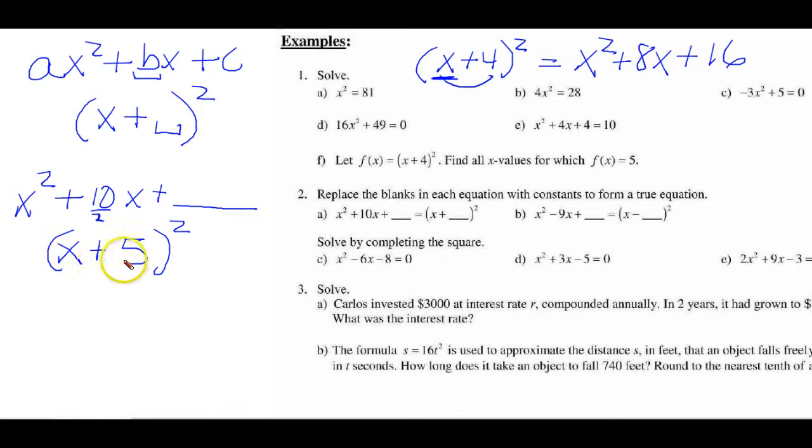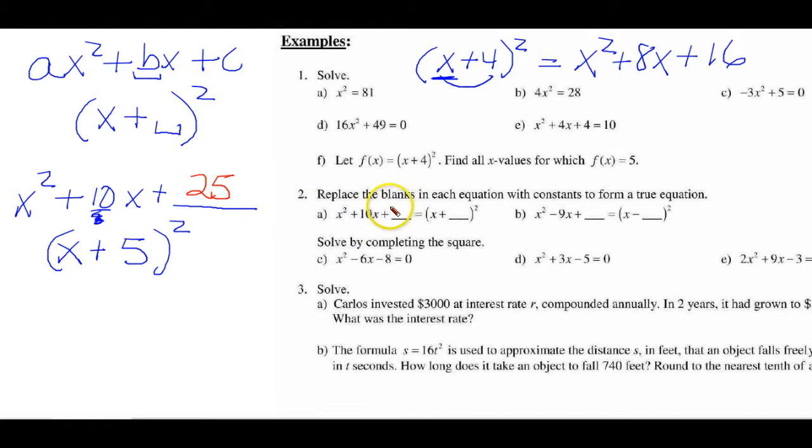So once again, we would square this to get that. We would multiply these two together and double it to get that. We take away that now. So we always divide our b term by 2 to get this, or multiply by 1/2. Now, how do we get our c term here? We square this, and I'll change colors here, and we get a 25.